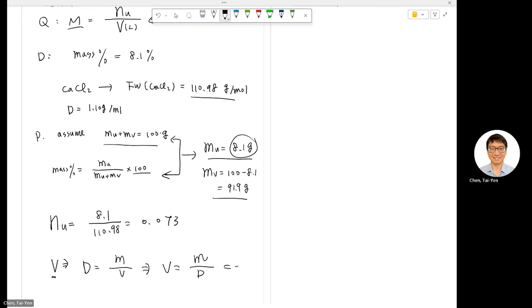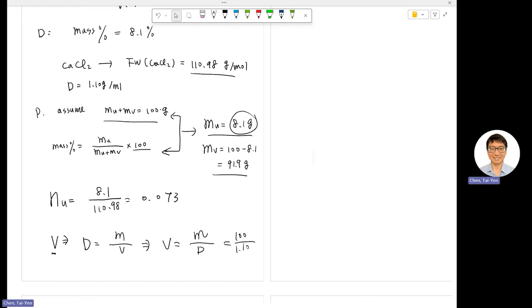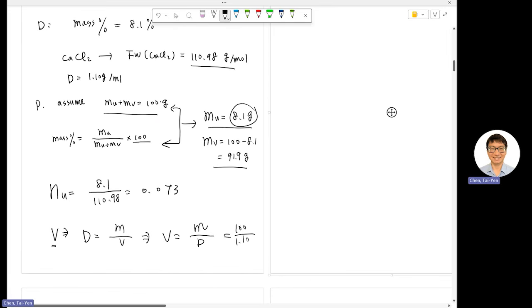100. And then the density is 1.10. Therefore, the volume is going to equal 90.9 milliliters, which is 0.0909 liters.